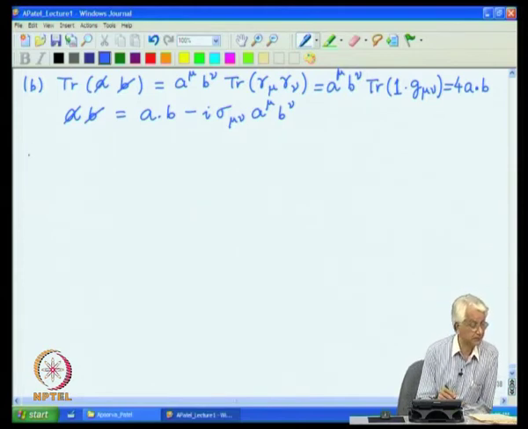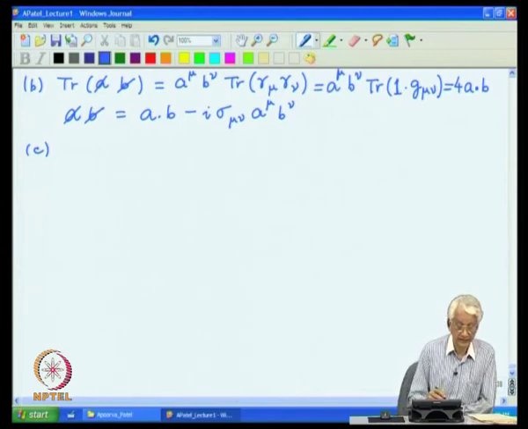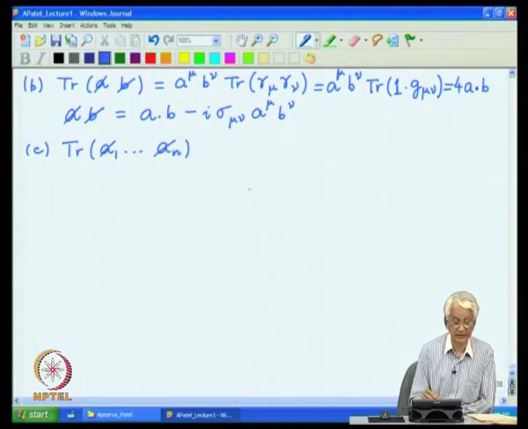Now comes the extensions of this identity to larger products. That is the form which is most useful and most frequently included in the calculation. That is generically now just written as what happens to this string A1 slash up to An slash, how do you evaluate it.